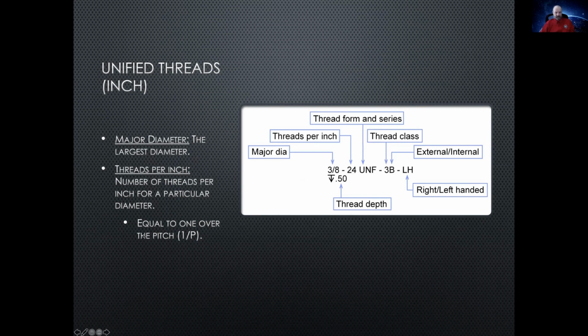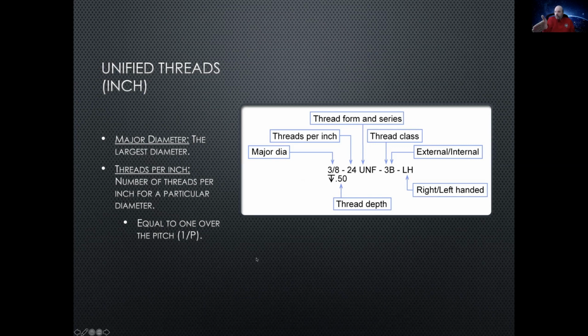Threads per inch is equal to 1 over the pitch. And you should be able to calculate the lead from the threads per inch. So if I have so many threads per inch, how far do I go in one turn? If you have 10 threads per inch, that means in one turn you go 1/10 of an inch.